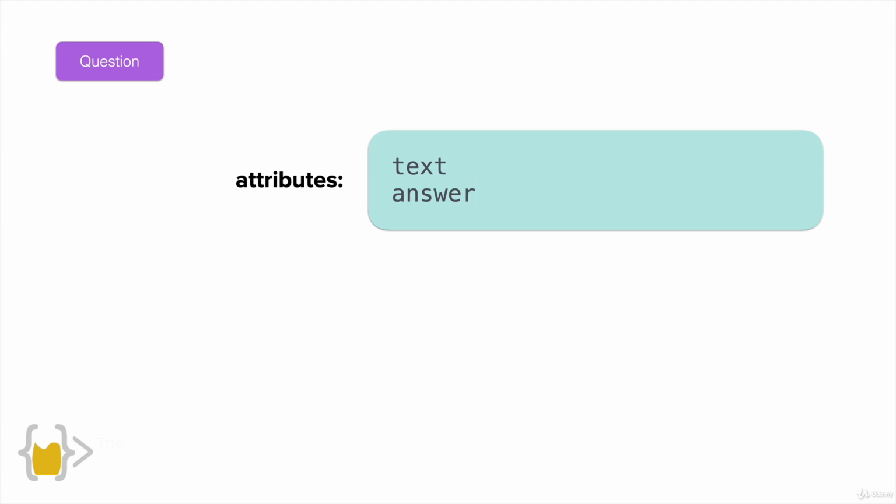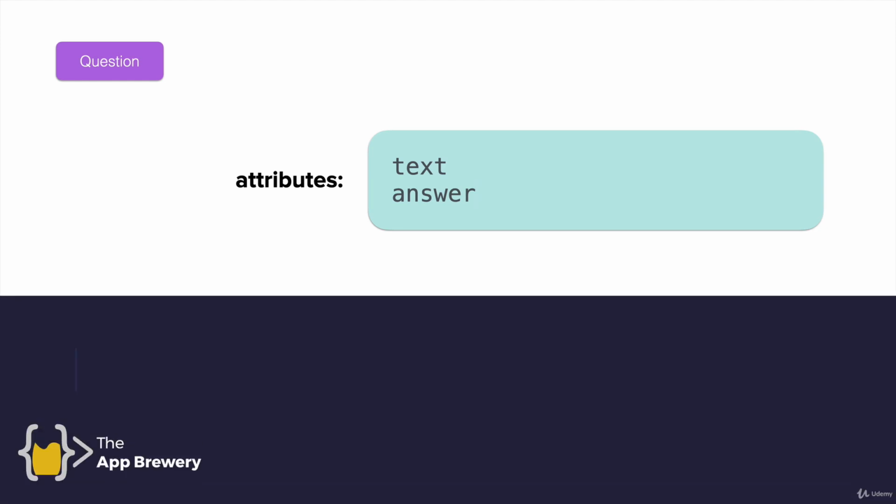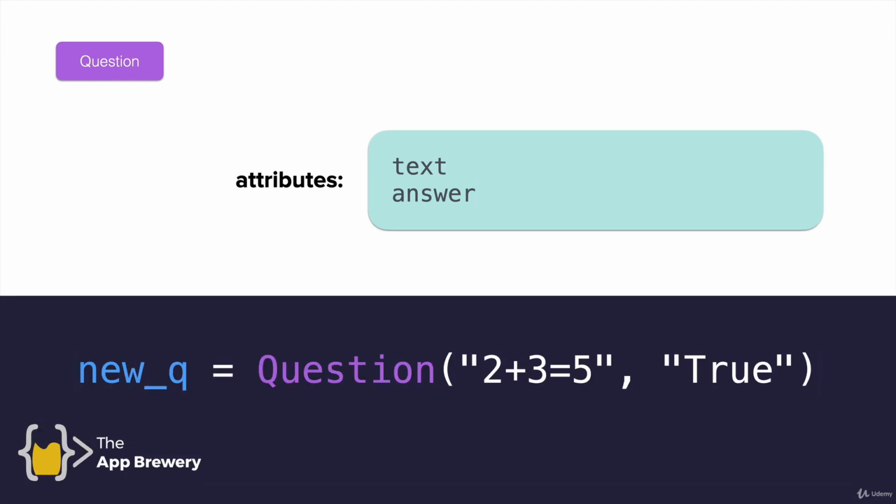Now, these two attributes should be initialized with a value when a new question object is created from this class. For example, if our first question was 2 + 3 = 5, which we know the correct answer should be true, well then we might write the code like this to actually initialize a new question object.